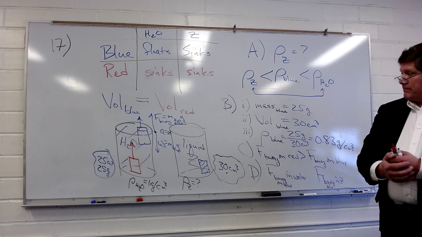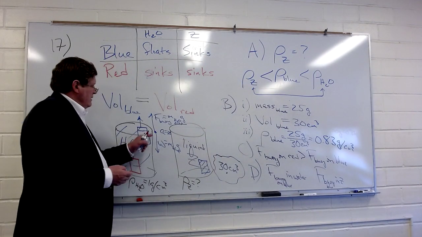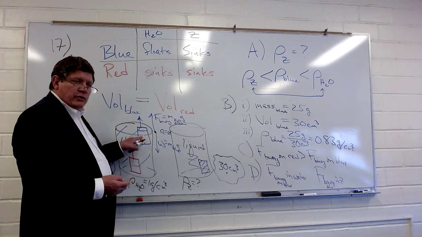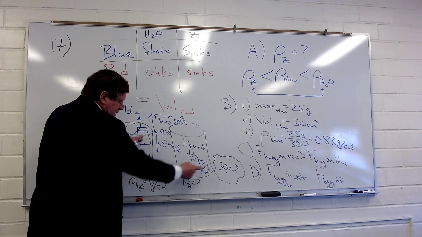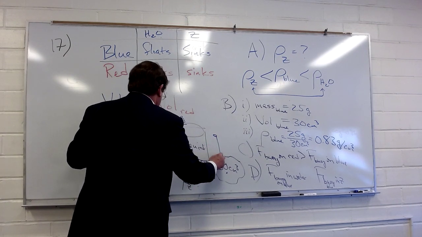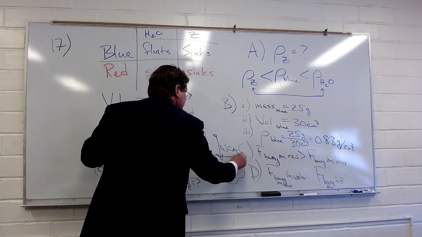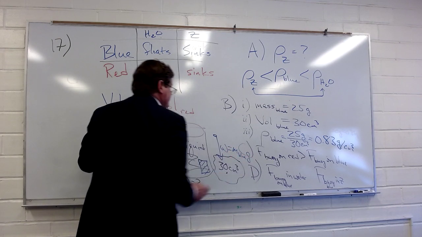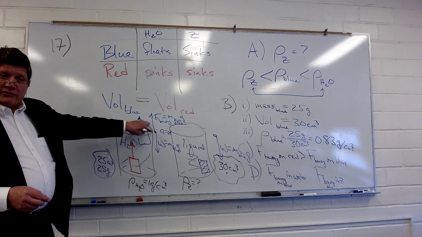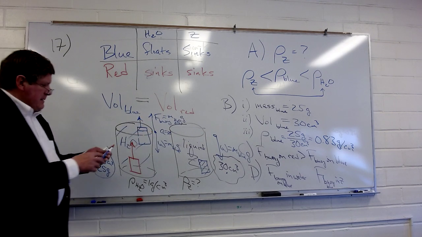That doesn't work. What we can use is a free body diagram. In both cases, it's going to be block B. And in both cases, the weight of block B is going to be the same. Just going to be the mass of the blue object times G. But when it floats, the buoyant force is big enough to support that weight, whatever it is.